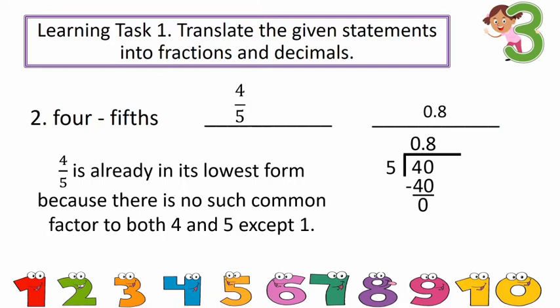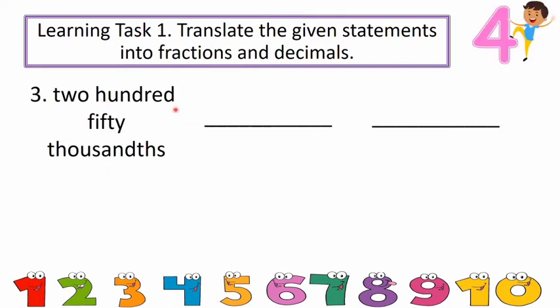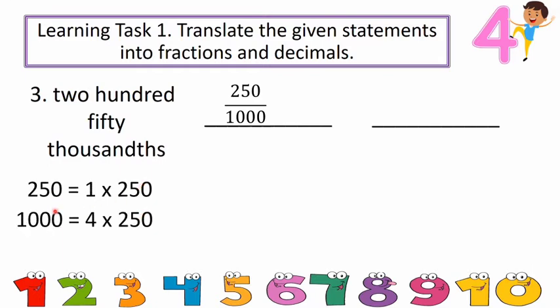Now let's have number 3. So we have 250 over 1,000. 250 will be written in our numerator and 1,000 will be in our denominator. Take note, we have to get the simplest form of 250 over 1,000. So we will think of the factors of 250 and 1,000 wherein one of the factors is the same with the other one. 1 times 250 is equal to 250 and 4 times 250 is 1,000.